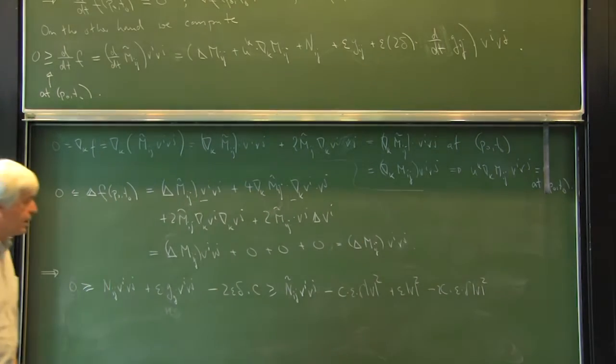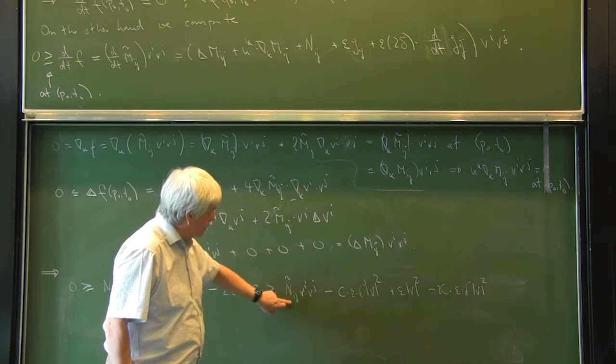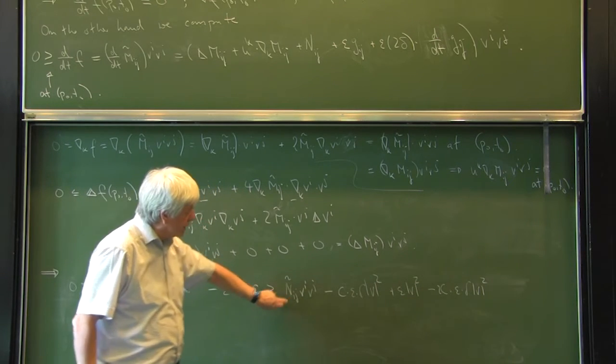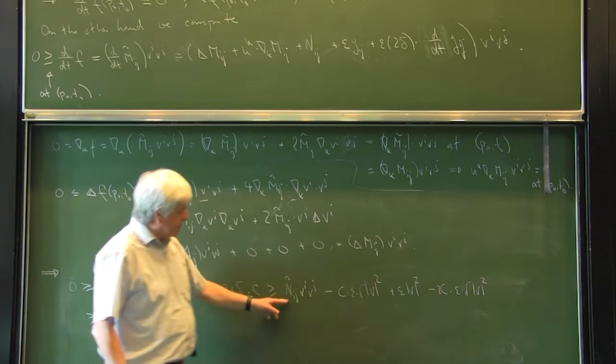And now you see we can use our condition on n tilde because we are on a zero eigenvalue of n tilde.